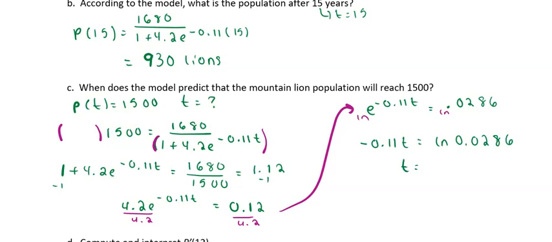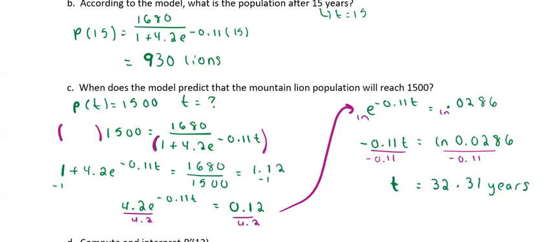So then t equals, and if you divide over here by the negative 0.11, it looks like we will get t is equal to approximately 32.31 years. There we go.